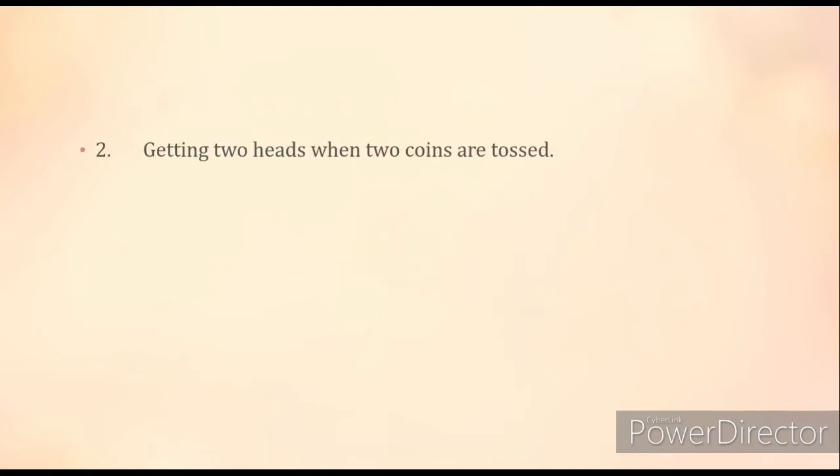Number 2, getting 2 heads when 2 coins are tossed. Sample space is head-head, head-tail, tail-head, tail-tail. The number of possible outcomes is 4. So therefore, the probability is 1/4.